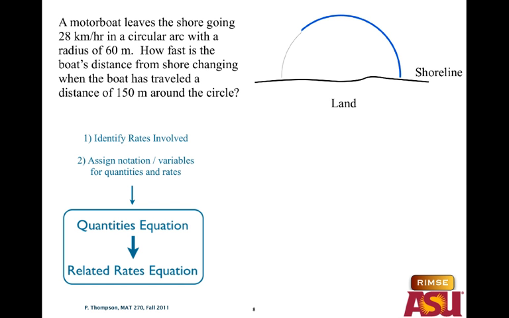Then we're going to assign notation variables for the quantities and rates. Before, this was identify the associated quantities, right? And then from the quantities, build the quantities equation and write the related rates equation.